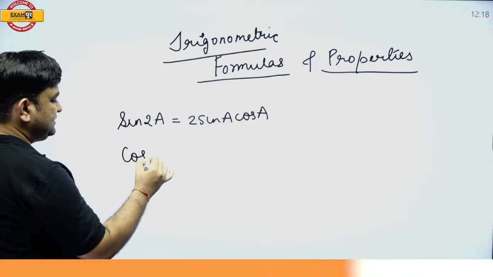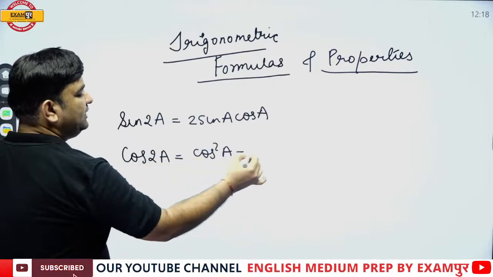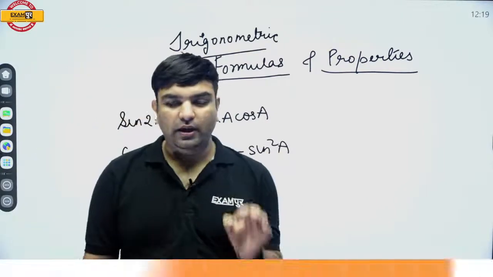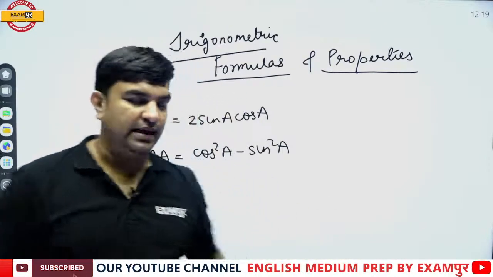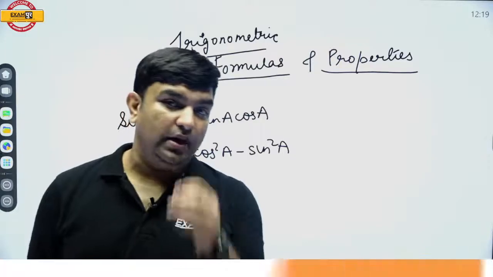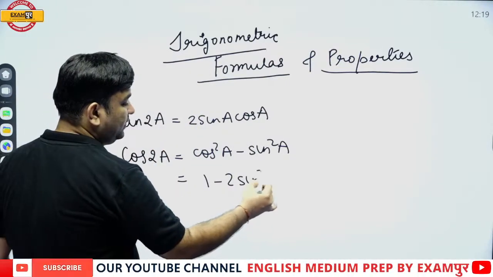Similarly, cos 2a is originally cos square a minus sine square a. If you write cos square as 1 minus sine square a, then it will become 1 minus 2 sine square a.